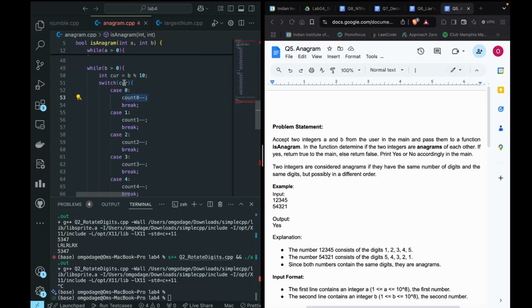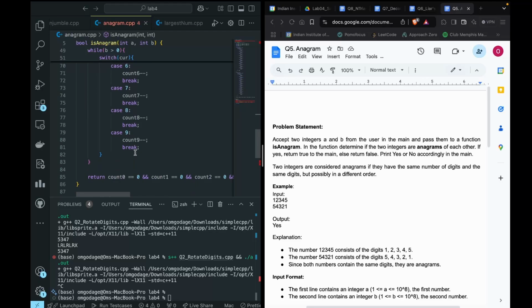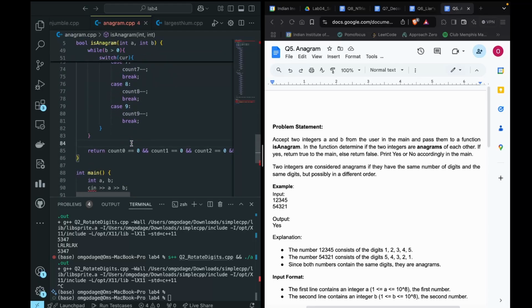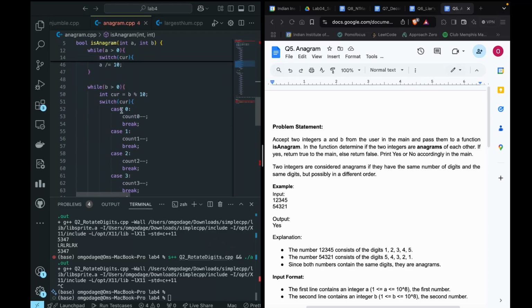So you will subtract however many times 0 comes, and however many times 1 comes, and so on. And if they were perfect anagrams, then all these variables will become 0 at the end. If a and b were anagrams, then the number of times a digit occurs will be the same in both of them. So this guy adds them and this guy subtracts them, so in the end they will be 0.